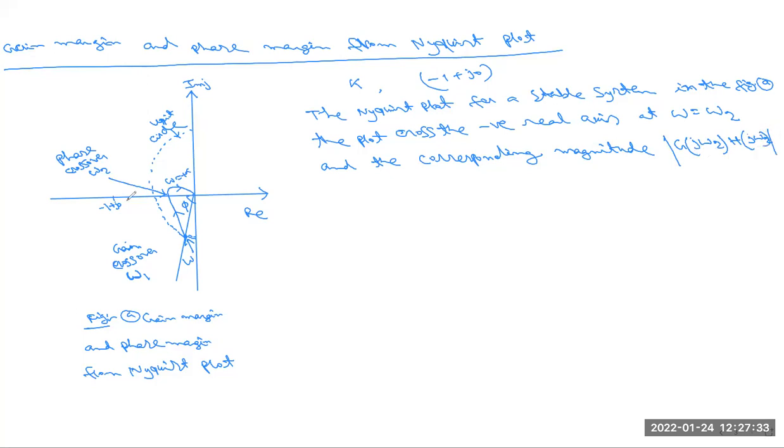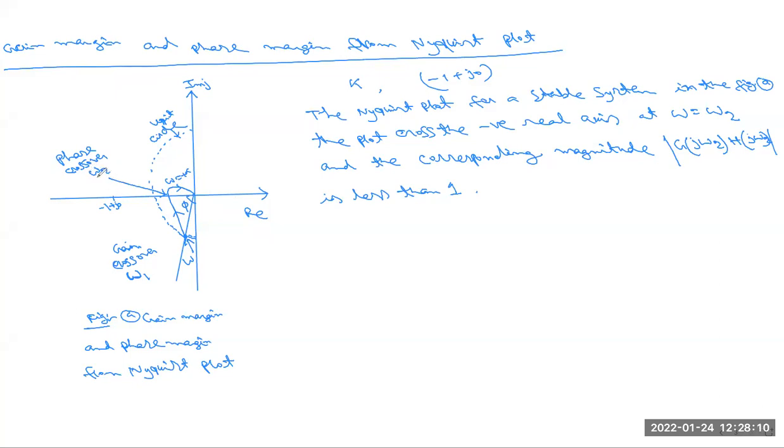Okay, it is less than 1. So in this case, you have to remember this Nyquist plot for a stable system. That means the region is K less than 1 by T1 plus 1 by T2. So this stable system plot crosses the negative real axis at omega equals omega 2.